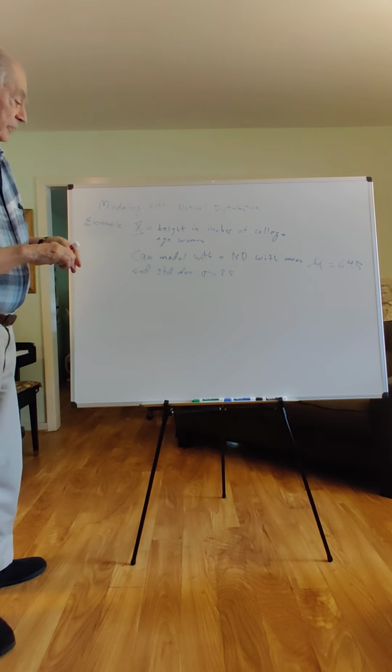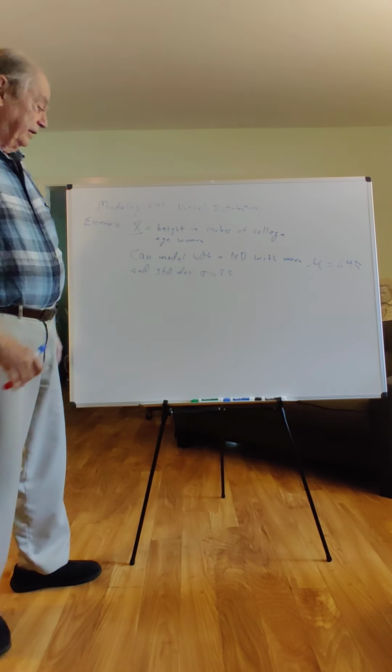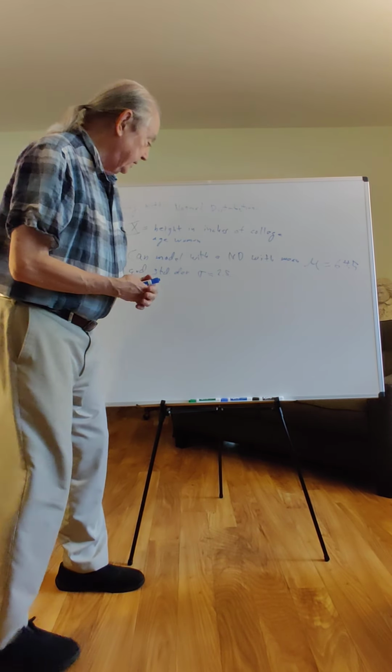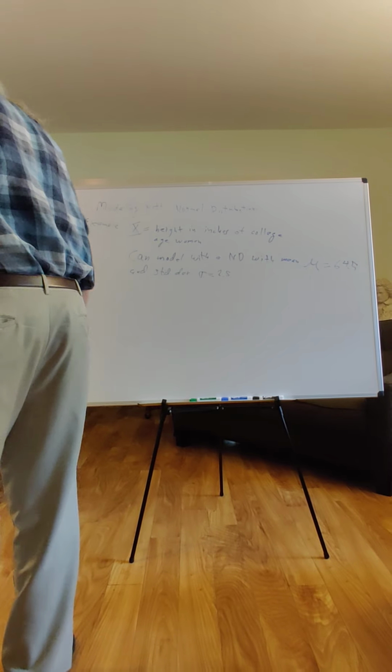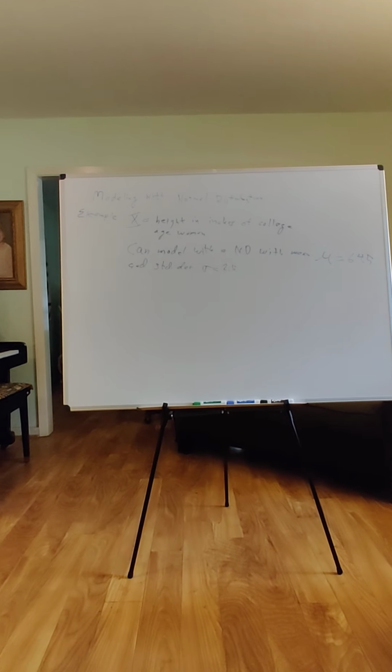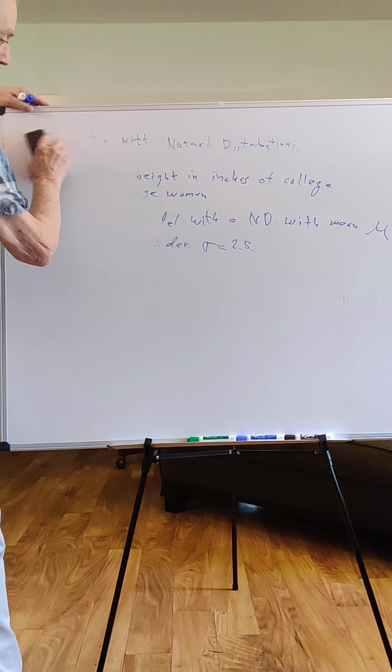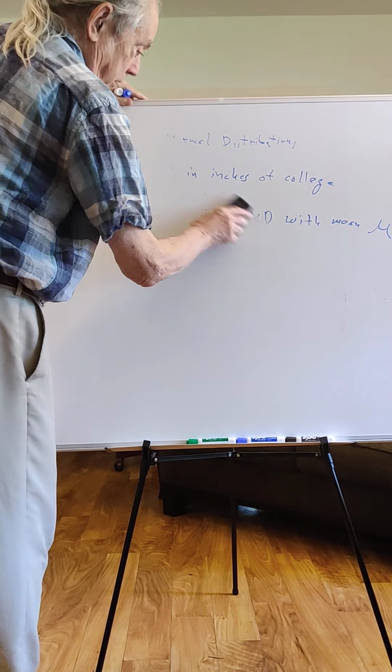Okay, so the standard normal distribution had mean 0 and standard deviation 1. This one has this mean and this standard deviation. All right, so now we can do some interesting calculations using this model.